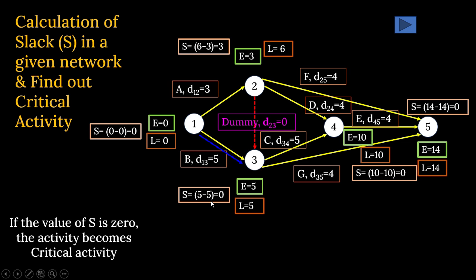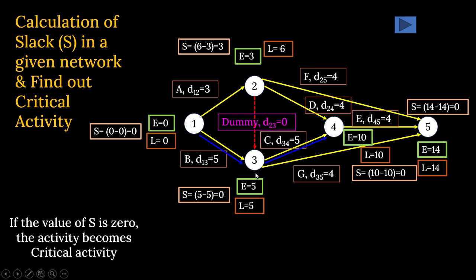So it is one critical activity, and critical activity is always given by the double arrow line like this to indicate that this is a critical activity. Clear? Then next, node number 3, the value of S is 0. Node number 4, value of S is 0. So that also becomes your critical activity, and it is given a second line of arrow to indicate that it is a critical path or critical activity.